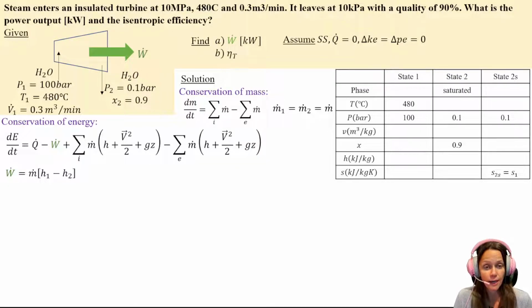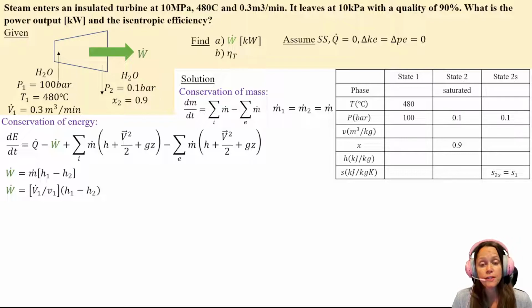And since m dot 1 and m dot 2 are equal to one another, I've just put that as m dot. So I do need to go ahead and calculate what that m dot is, and the information from the problem statement that tells me the rate at which things are happening is the volumetric flow rate. So I use the volumetric flow rate divided by the specific volume at state 1 to get the mass flow rate at state 1, or just the mass flow rate at state 1 or state 2.